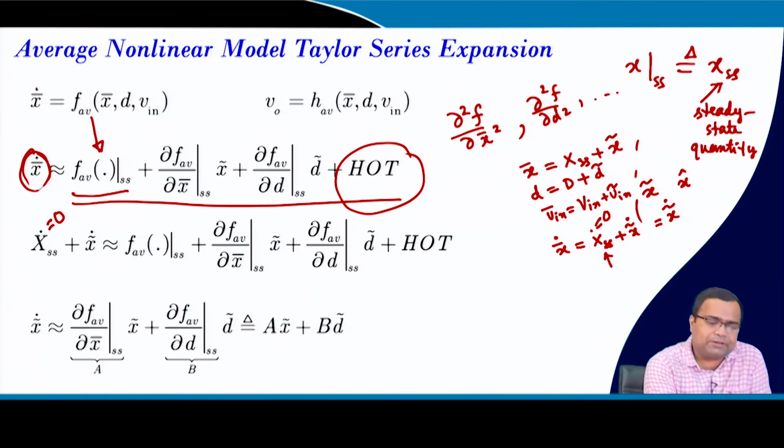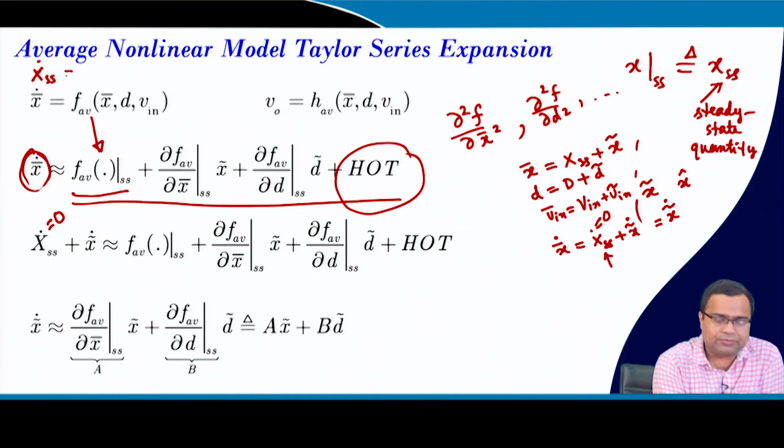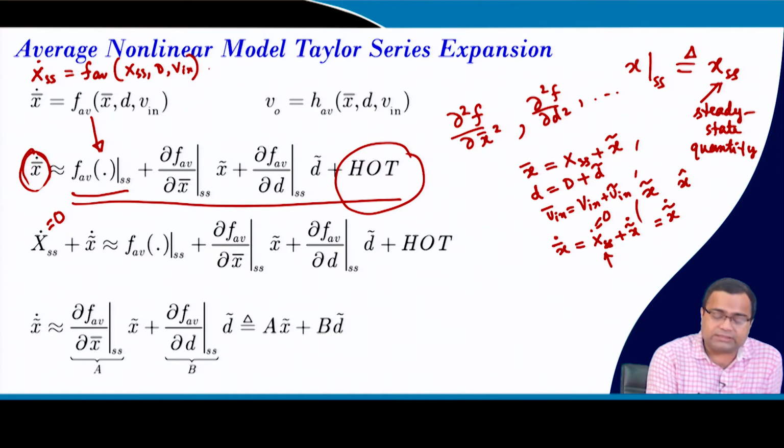Similarly, if we simply take the steady state, x ss dot will be equal to f average of x steady state, capital D, capital V. This term must be 0 because this is the steady state operating point.